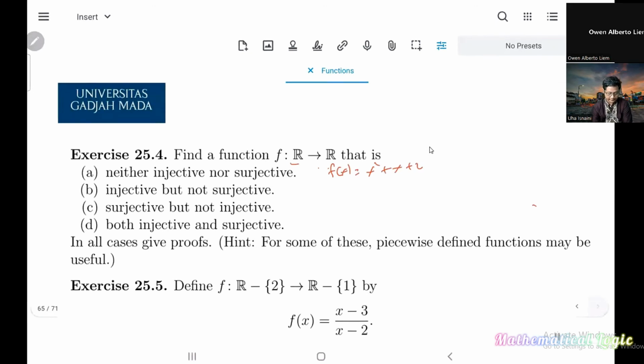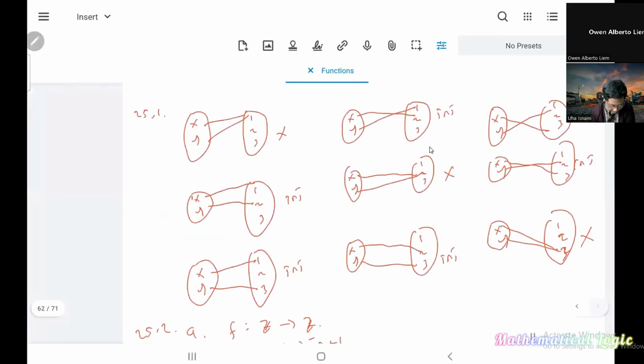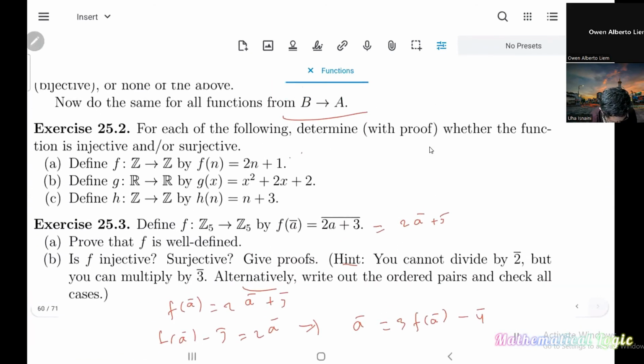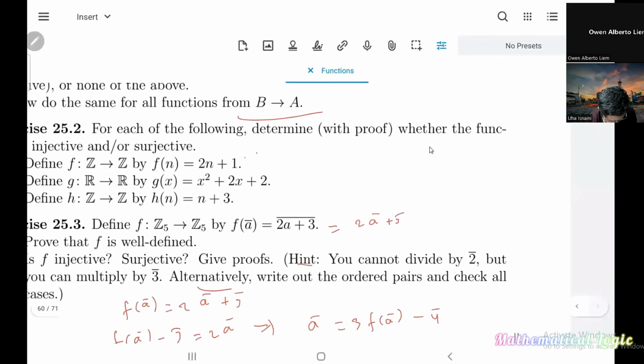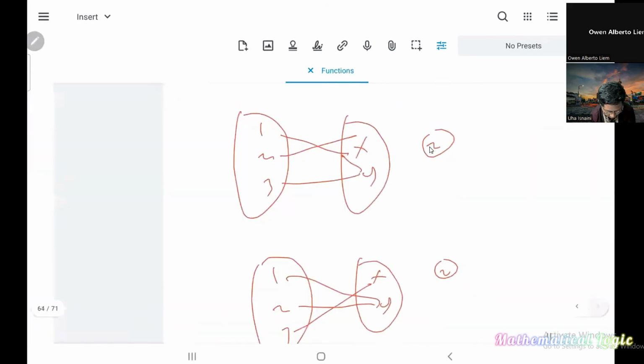So it should be okay. And for both injective and surjective, we also can do f(x) equal to x plus 3, like we mentioned before. So that's for 25.2, right? So that one should be okay.